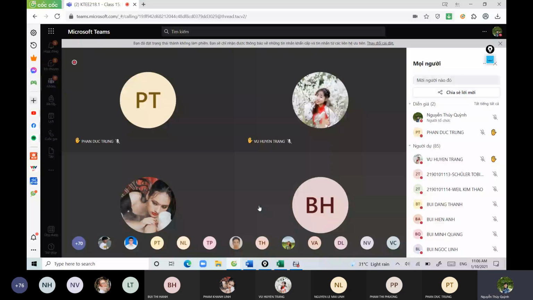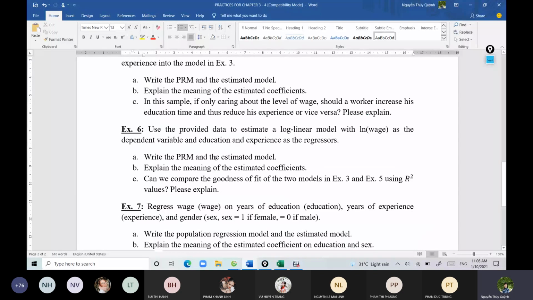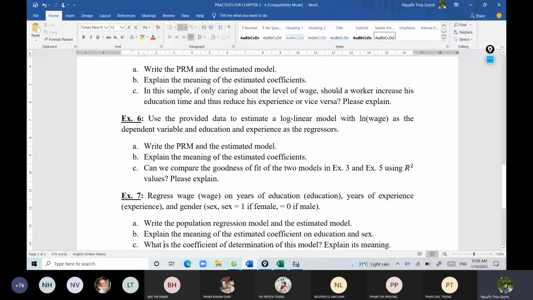Exercise 3 is wage on education. So can we compare the goodness of fit of the two models in exercise 3 and exercise 6 using the R-square value?